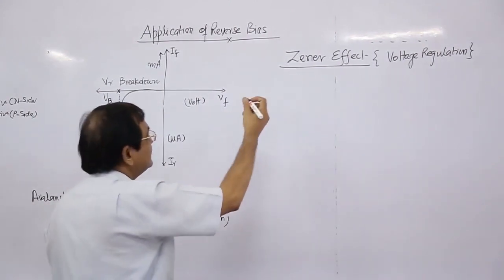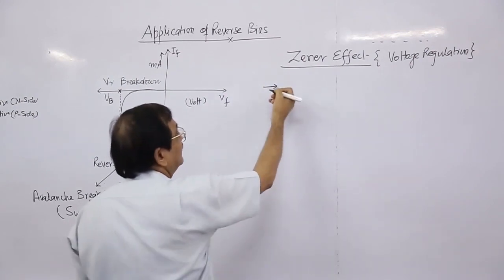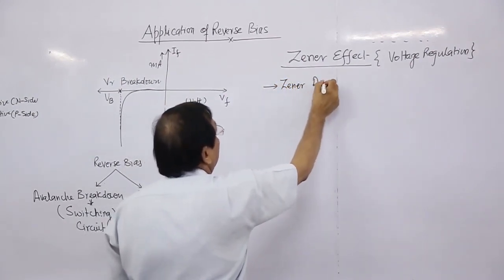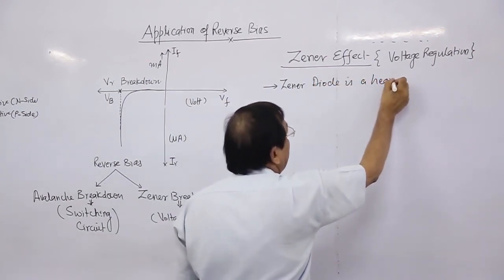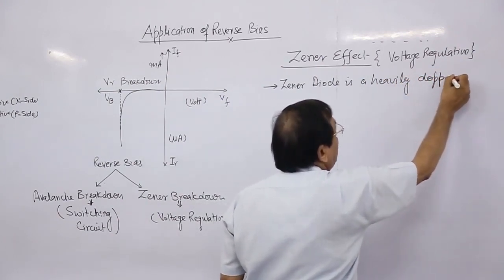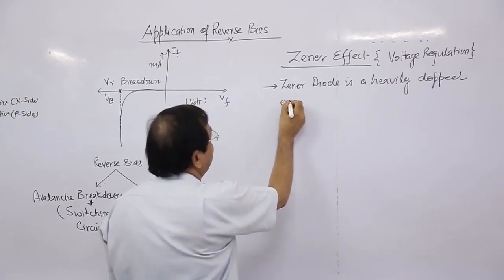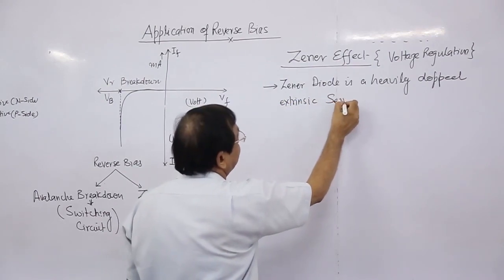Now, as in the previous discussion, a Zener diode is a heavily doped extrinsic semiconductor.